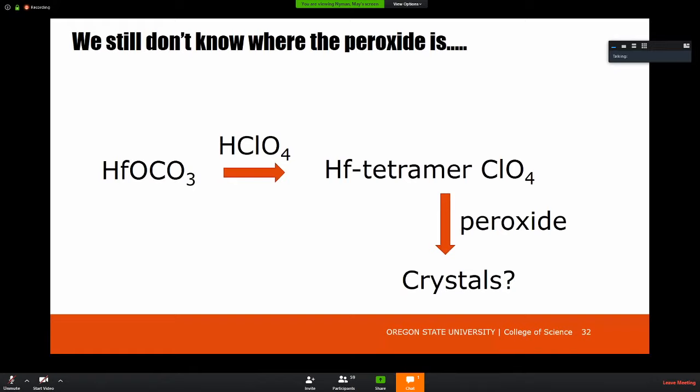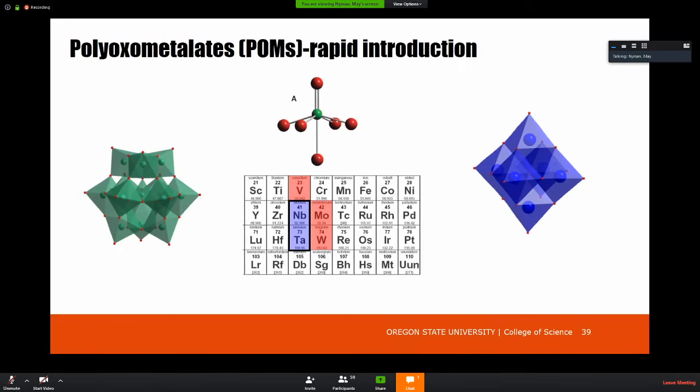Okay, so third story. So now we're going to move over on the periodic table from uranium just to the right of zirconium and hafnium, and we're looking at classic polyoxometalate chemistry. Okay, so for those of you not familiar with polyoxometalates, this is the ubiquitous aqueous chemistry of group 5, group 6 metals with no electrons, so in their highest oxidation states.